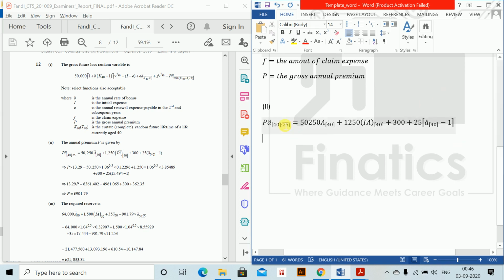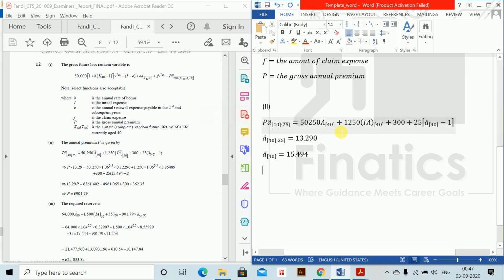Again, from the tables, ä_{40:25} is equal to 13.290. ä_40 is equal to 15.494.